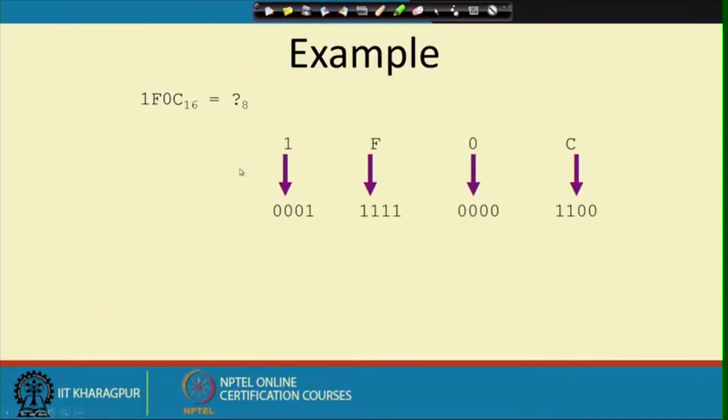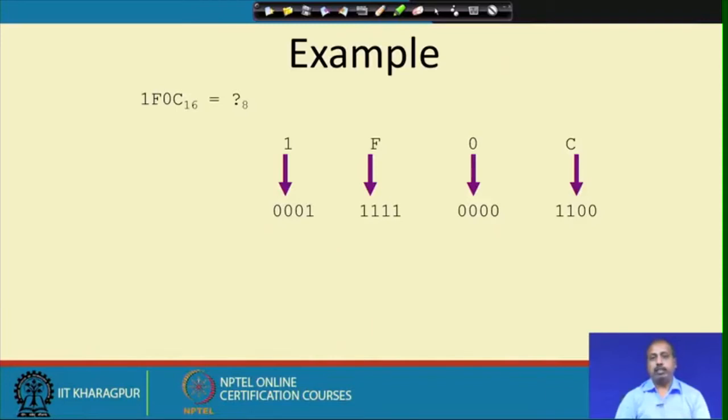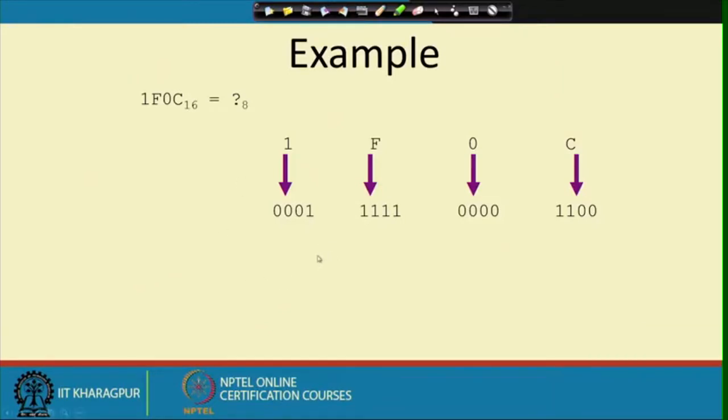First of all, for this 1F0C we write down the corresponding binary representation, and we know that straight away we can convert the individual digits to 4-bit binary patterns, and that gives us the binary representation of this number. Now, since I am trying to go to octal, I have to make groups of 3 from the right.